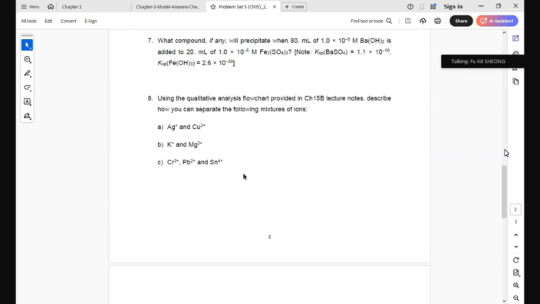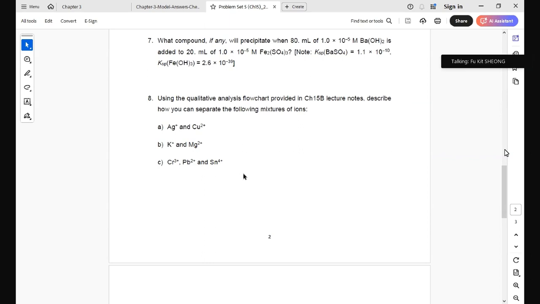You will see that chromium will form a base-insoluble sulfide or hydroxide, while tin is an acid-insoluble sulfide. So if you add H2S, hydrogen sulfide, you precipitate out the tin ion first.